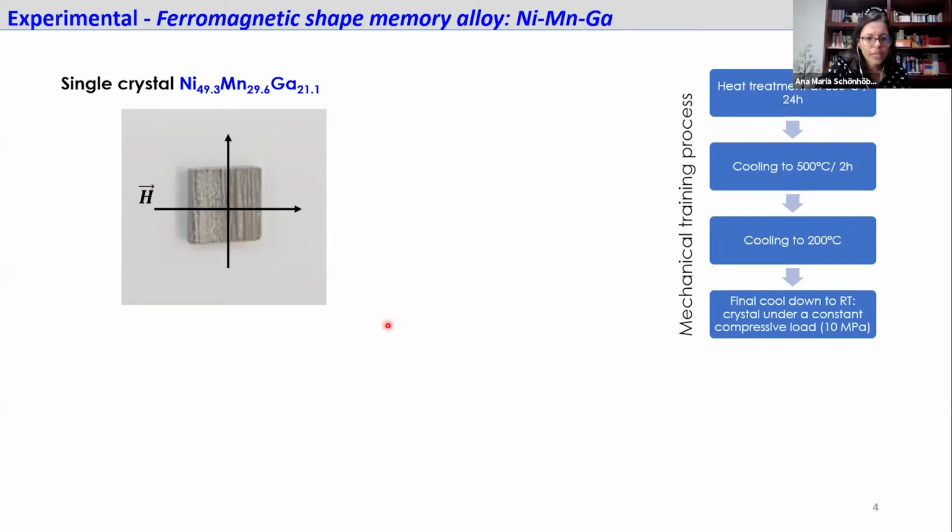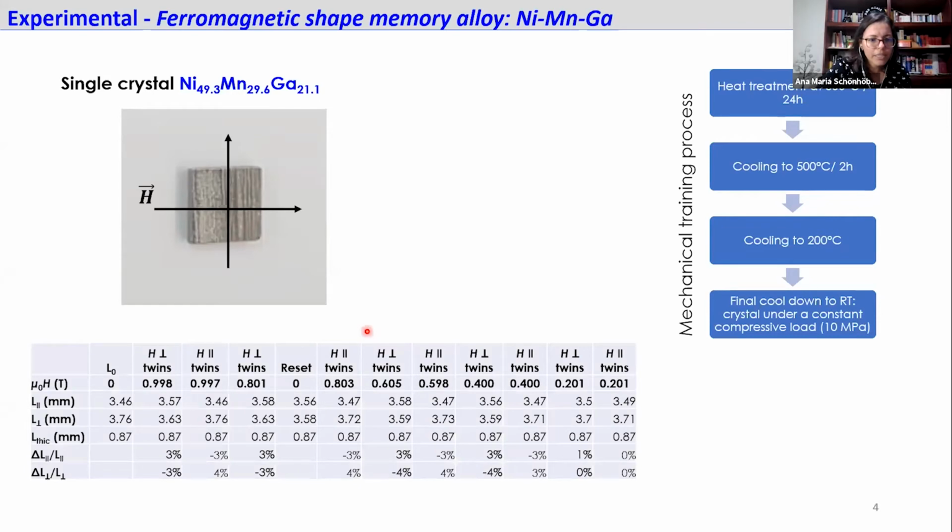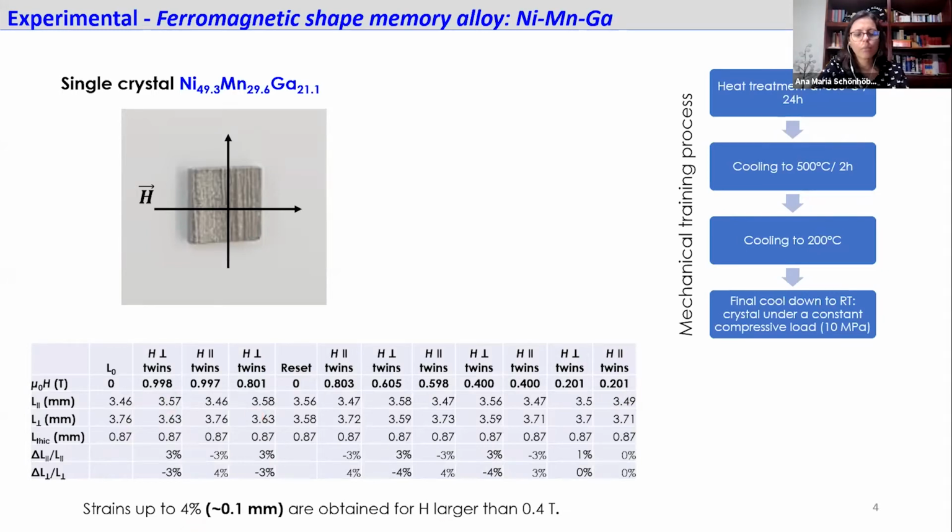We applied different magnetic fields from 0.2 Tesla up to 1 Tesla, measured the deformation and then the strain, and we obtained strains up to 4% for magnetic fields larger than 0.4 Tesla.